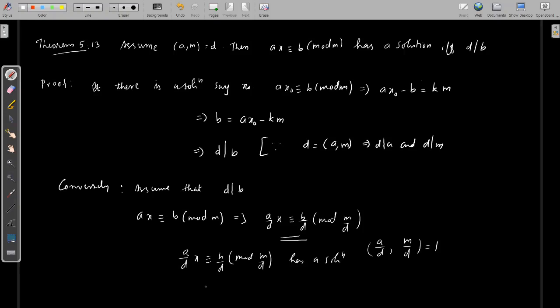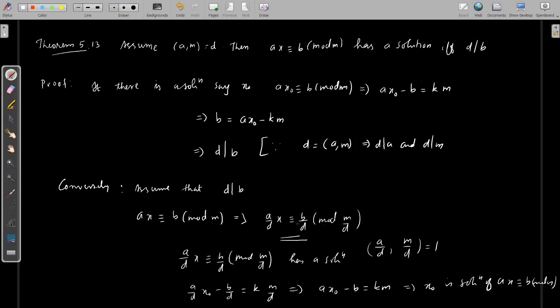So if you have a solution, say x naught, you can get (A/D)x naught minus B/D equal to some k times M/D. That implies, by multiplying with D, you can get A x naught minus B equal to k M. This implies x naught is the solution of the given linear congruence Ax congruent to B mod M. So we know that if D divides B, then you can consider this linear congruence.